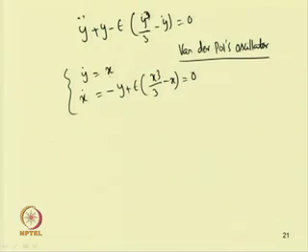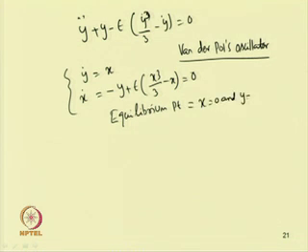Putting y dot equal to 0, we obtain x equal to 0. Now, by putting x dot equal to 0 and x equal to 0, we obtain the equilibrium point, which is x equal to 0 and y equal to 0.